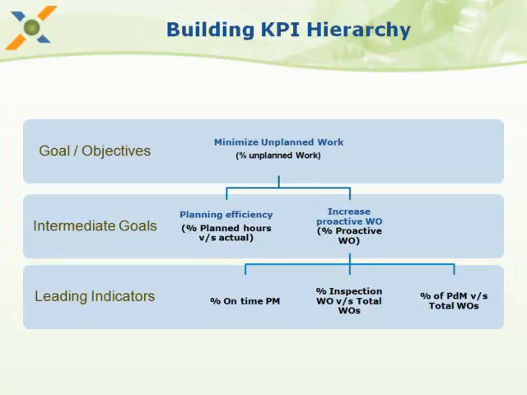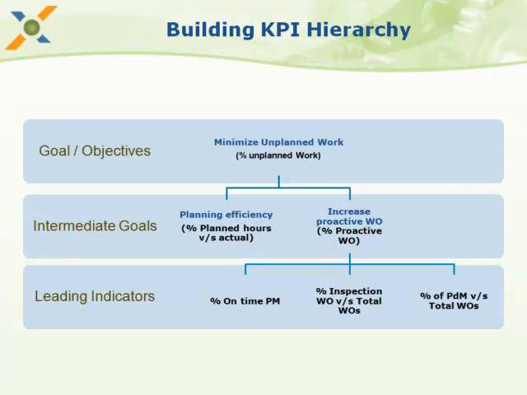In this example, minimize unplanned work can be a lagging indicator. The leading indicators can be percentage on-time PM, percentage inspections, etc. Basically, you are trying to figure out how much work is done proactively. And if that is the case, then hopefully your unplanned work will be reduced, or emergency work orders will reduce.